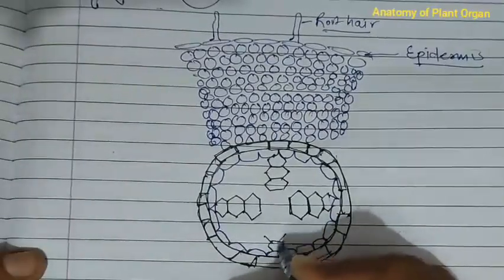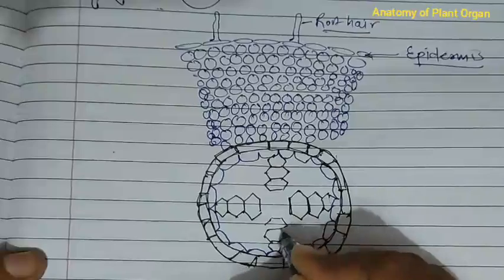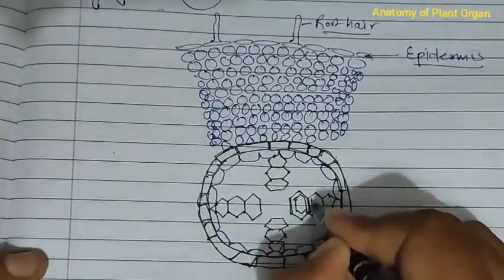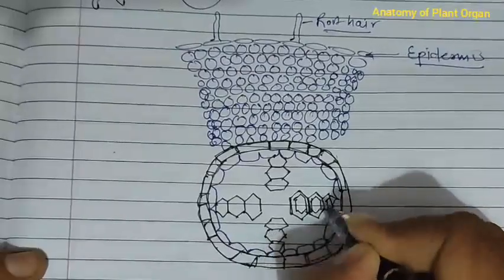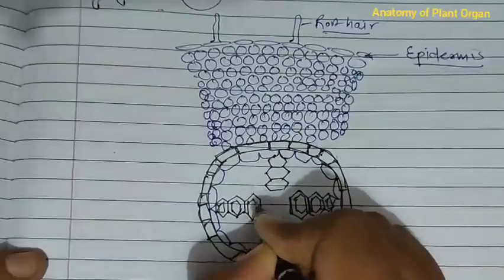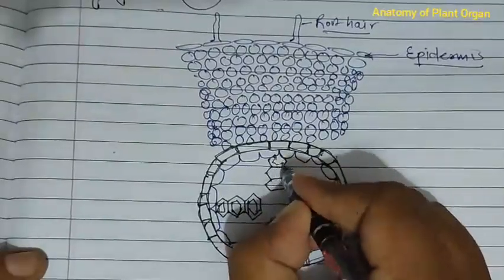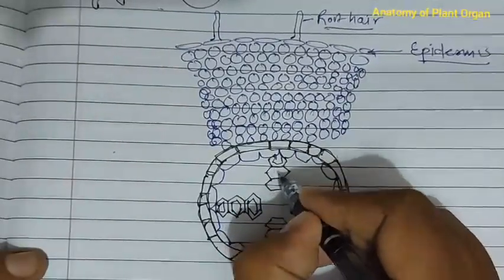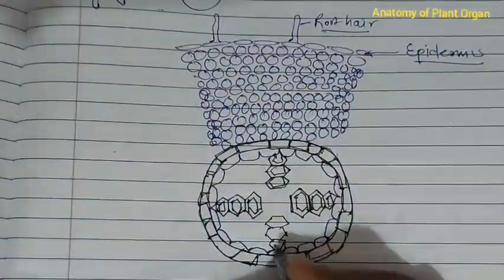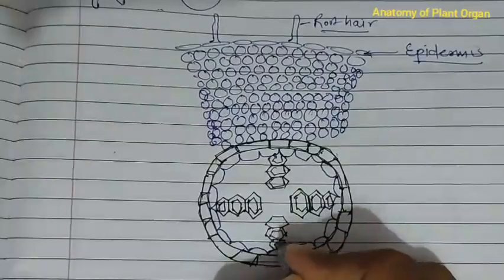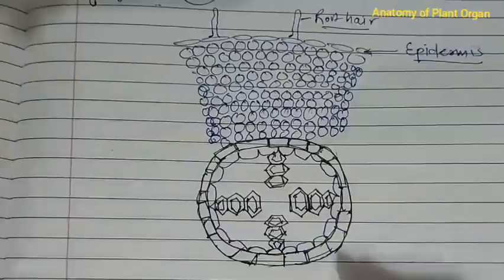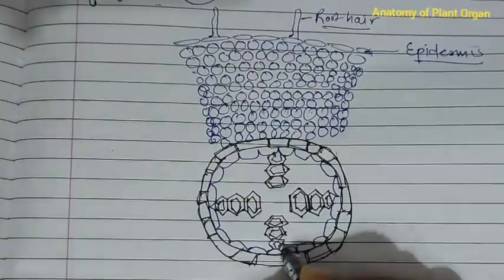So in such a way this primary xylem is located. You can see here this is a primary xylem, which is made up of protoxylem and metaxylem, and you can see this has a narrow cavity.